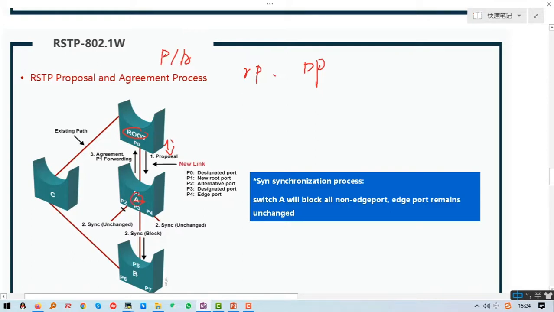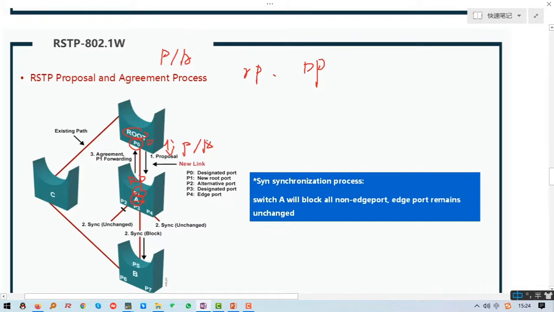Switch A receives a better BPDU and port 1 becomes the root port. At the same time, it knows that port 0 is the designated port and starts the PA mechanism.